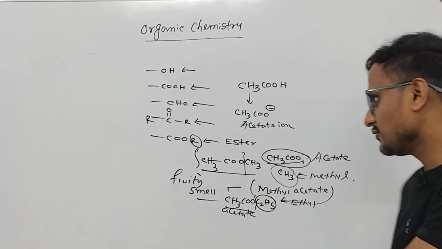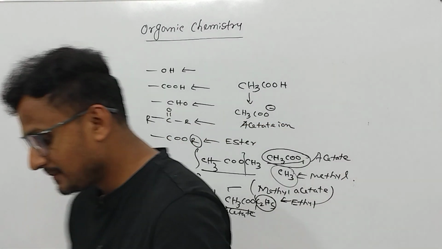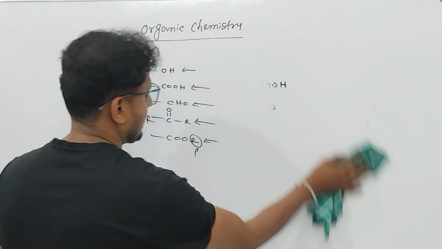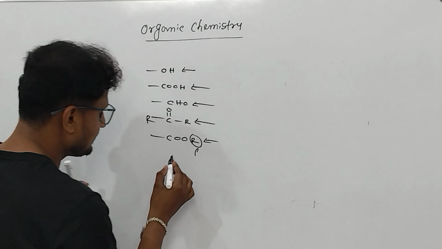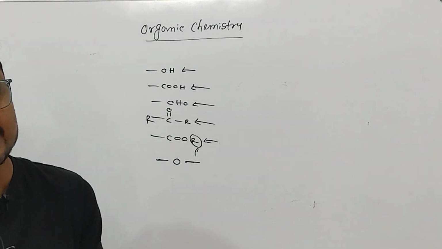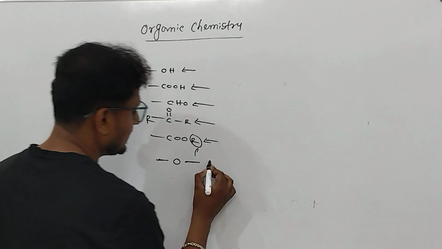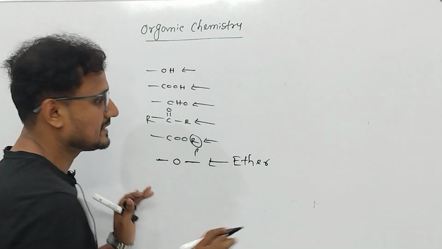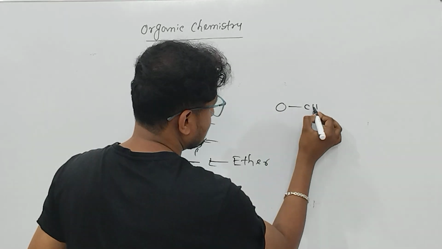So these are the functional groups which are there. Apart from this, we have more. We have this functional group also, oxygen at the center, and on the two sides, two bonds are there. This is called ether. Okay, we have some examples. This one, CH3.